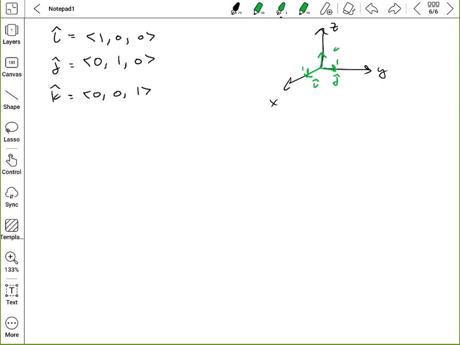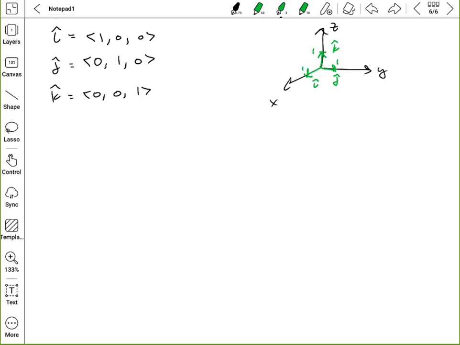And k hat is going to be this one out to 1. And what's important to know is that all of these are perpendicular to each other. They point in the directions of the coordinate axes, and coordinate axes are perpendicular to each other, and they have length 1. They're unit vectors.